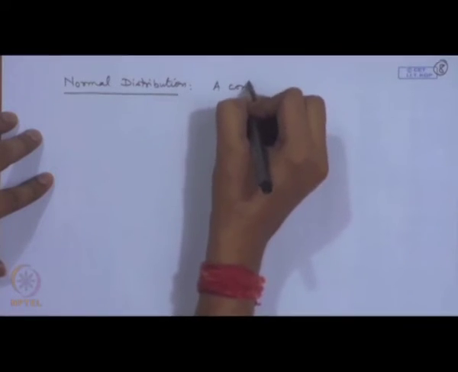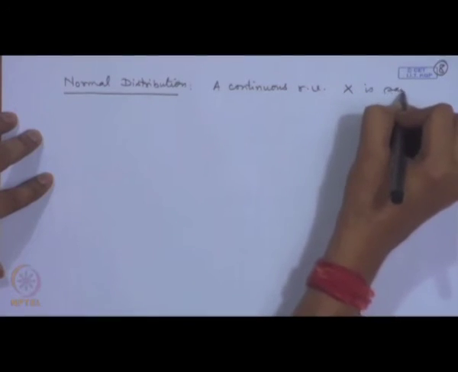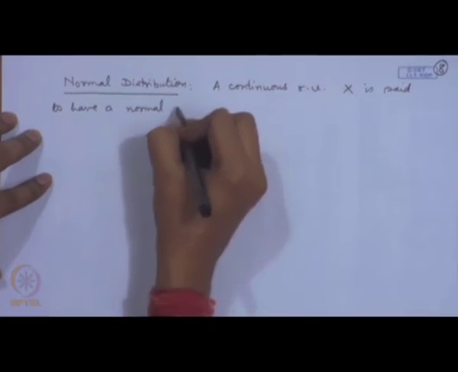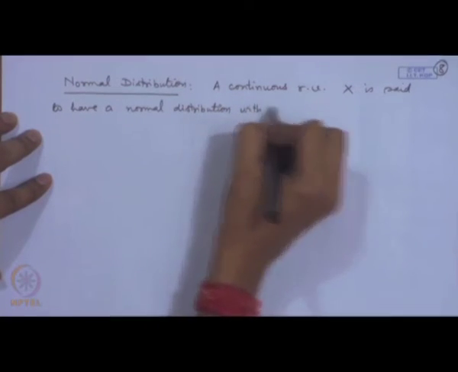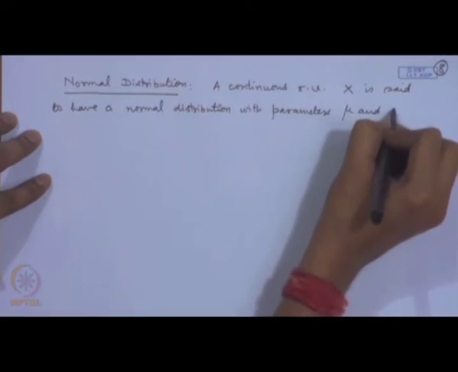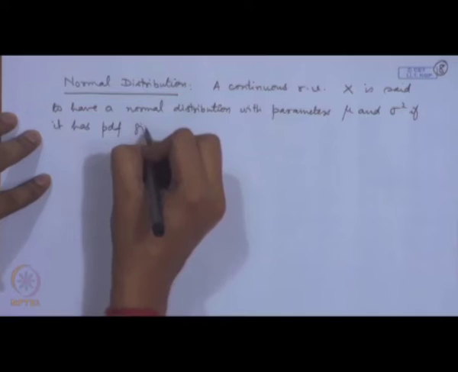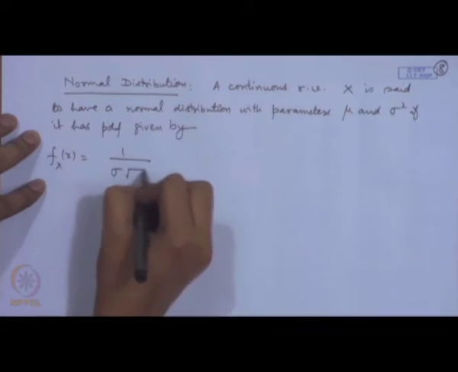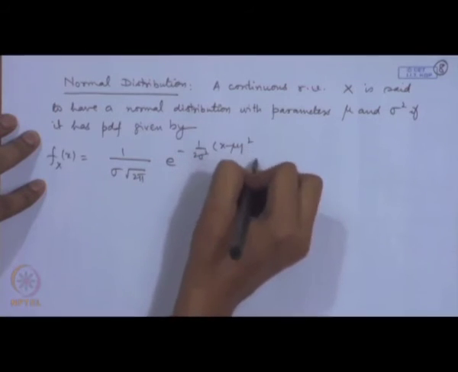A continuous random variable x is said to have a normal distribution with parameters mu and sigma square if it has probability density function given by 1 by sigma root 2 pi e to the power minus 1 by 2 sigma square (x minus mu) square.